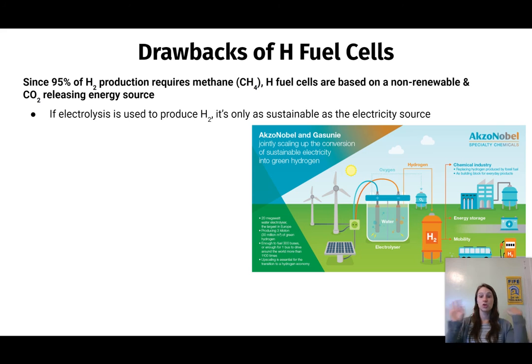Now, the dream, theoretically, would be if we could have a more sustainable electricity source for this process. If we are able to use electrolysis, then it's going to be as sustainable as the electricity source. So, in a dream world, we would have wind and solar, which can be used as the electricity input for electrolysis.